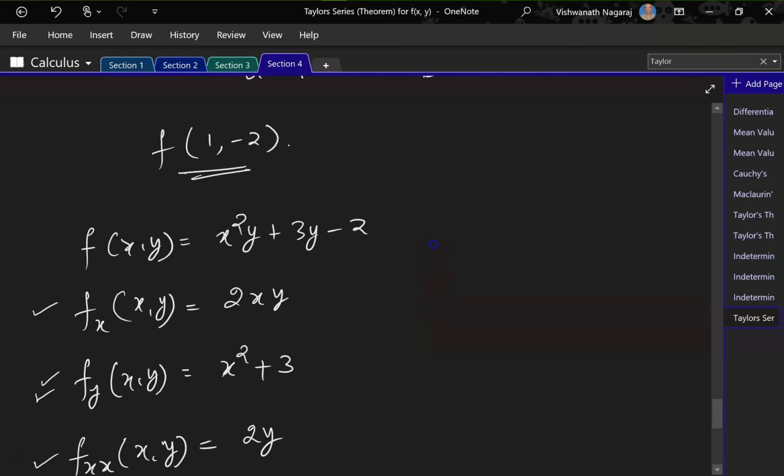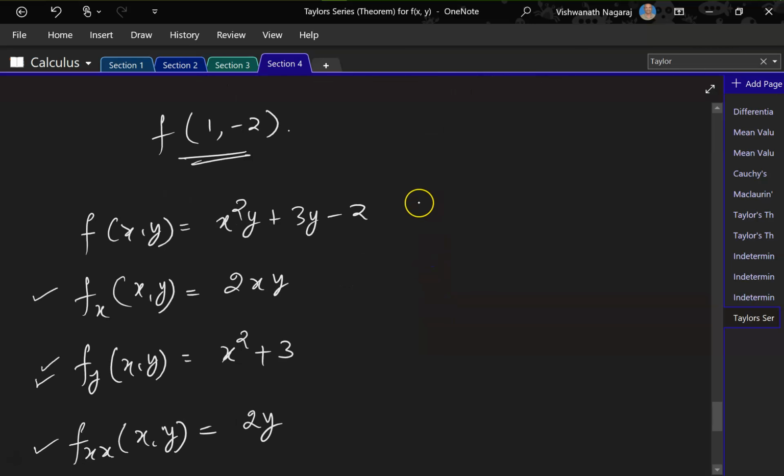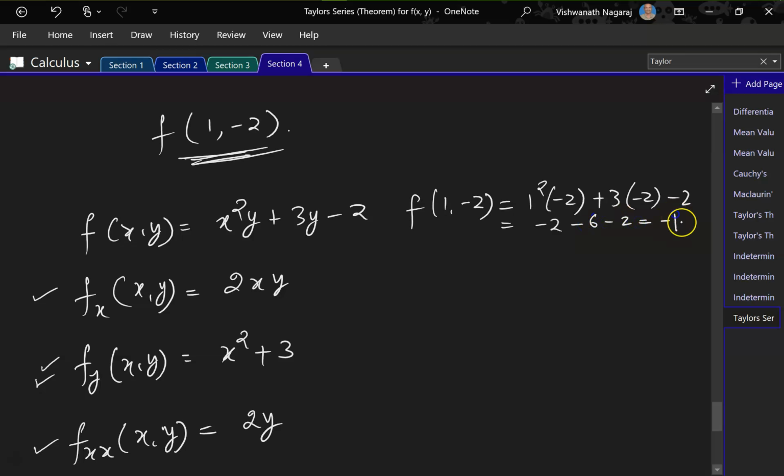Okay, so now that we have this in place, we just evaluate them at this point, 1 comma minus 2. So 1 square minus 2 plus 3 times minus 2 minus 2 minus 6 minus 2, which is minus 10.